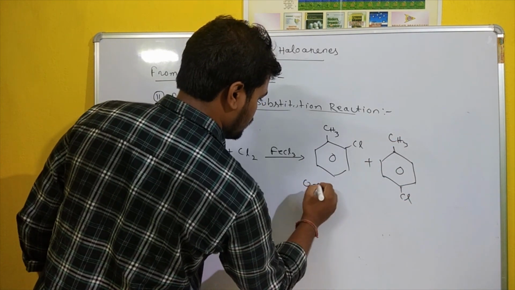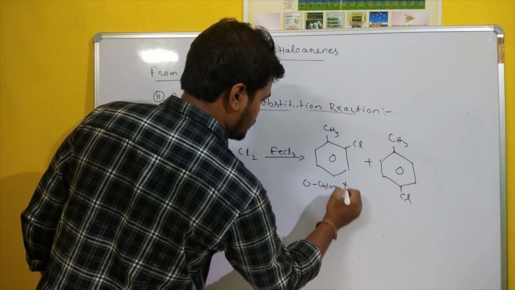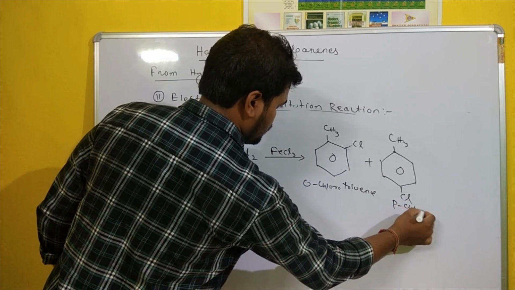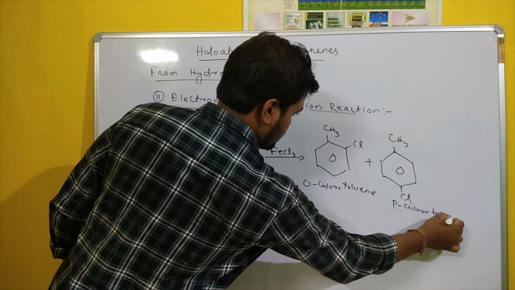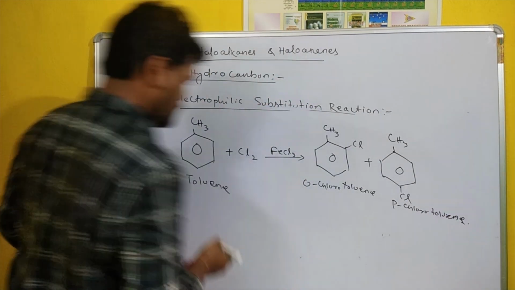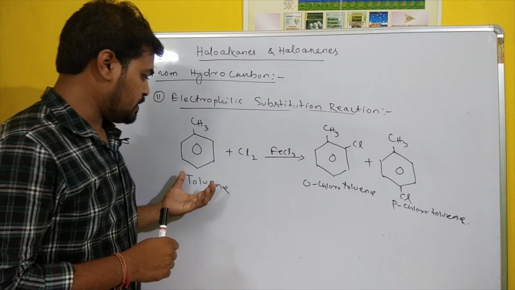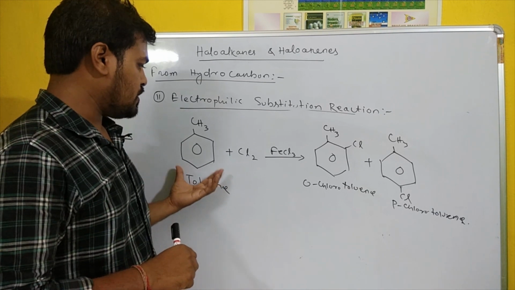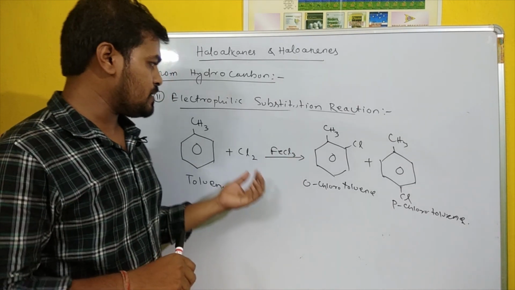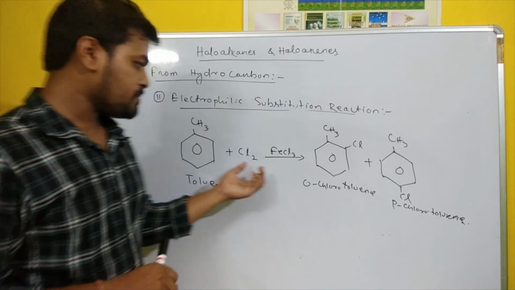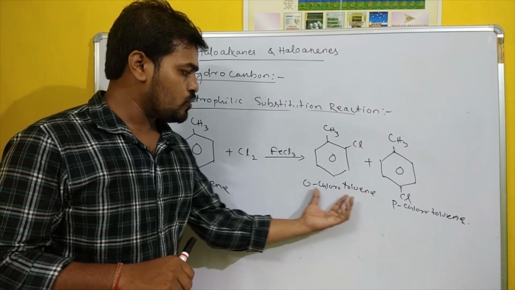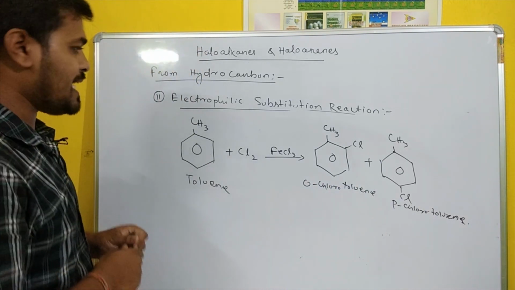This is ortho chlorotoluene and this is para chlorotoluene. So when toluene reacts with chlorine in presence of a Lewis acid, FeCl3 is a Lewis acid as it accepts a pair of electrons, the products are ortho chlorotoluene and para chlorotoluene. So how exactly is this compound formed?